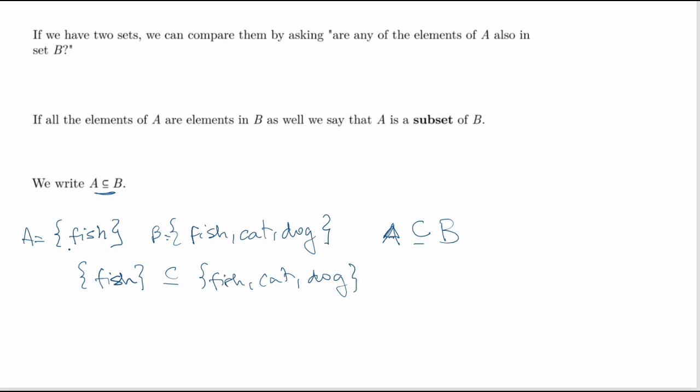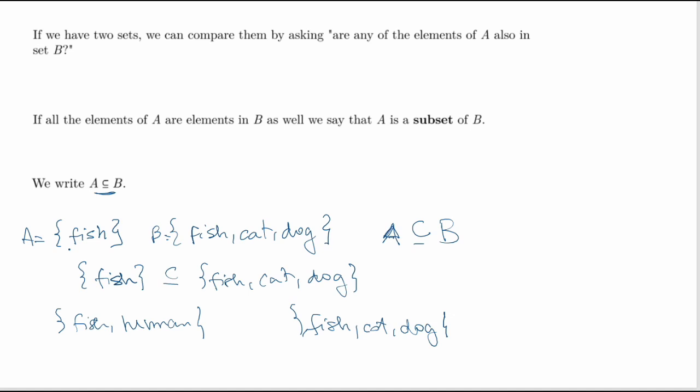Now let's play with another example. Let's say that I have another set, fish and human. Okay, and I want to know if this is a subset of this one: fish, cat, and dog. Okay, so well, actually, fish is part of the other set.